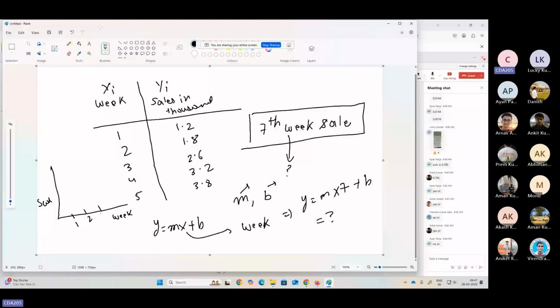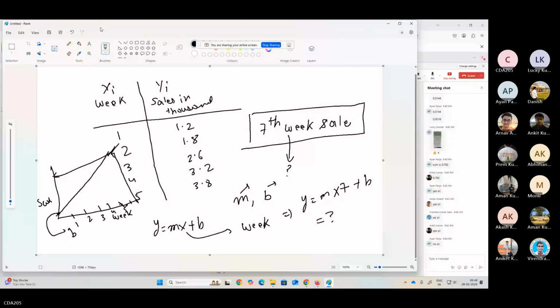So we are calculating one straight line. So this value will become what? This value will become the intercept. So finally, with the seventh value, we can calculate the sales.